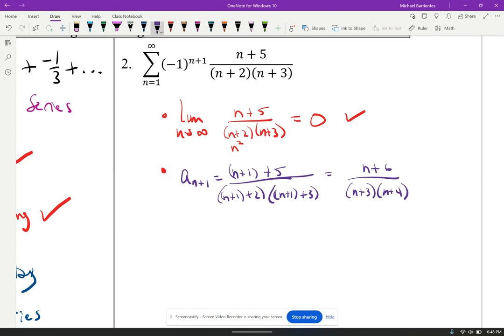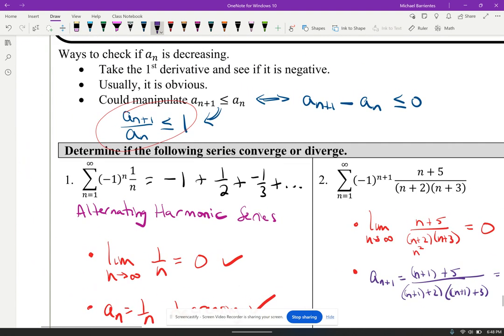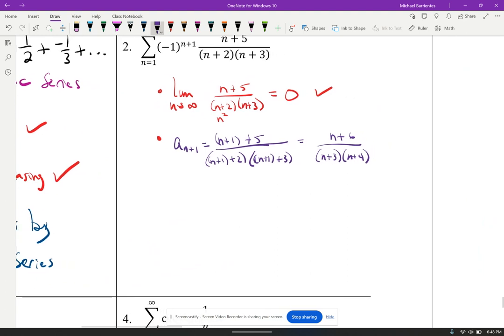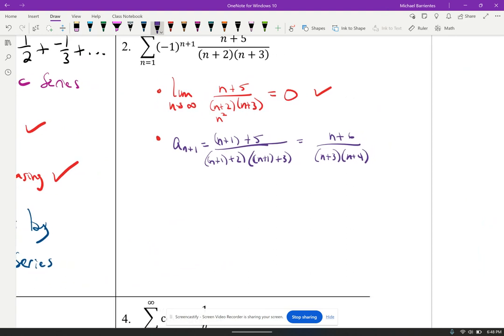Okay, so the setup said if we take the ratio of the n plus 1th term divided by the nth term, if it's less than or equal to 1, then that shows that it is decreasing because it comes from the definition of decreasing. So I'm going to take this a sub n plus 1, and divide it by a sub n.